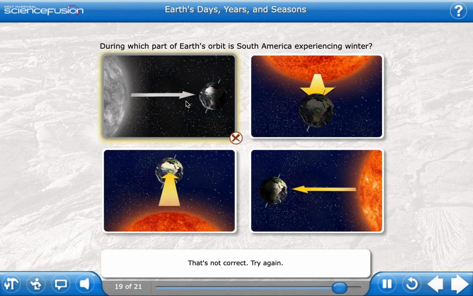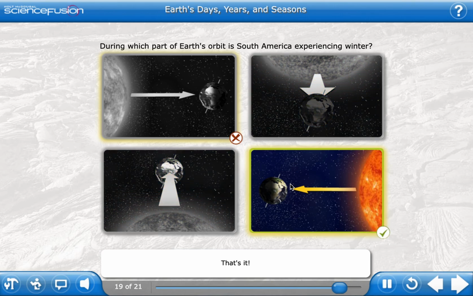That's not correct. Try again. That's it. South America experiences winter when the southern hemisphere is tilted away from the sun.